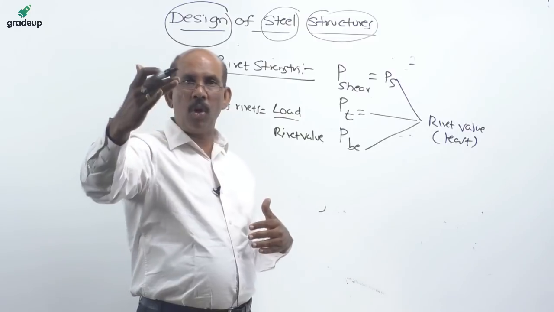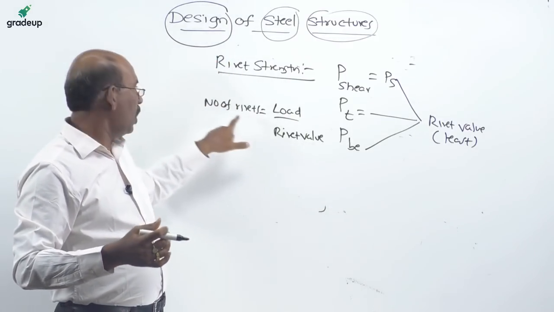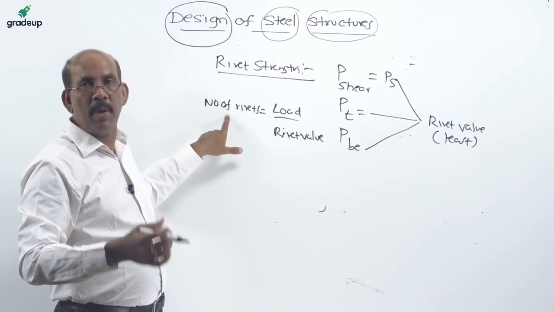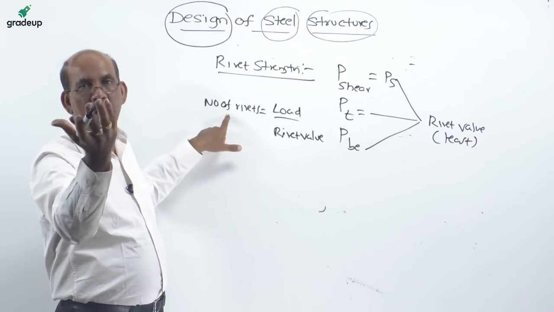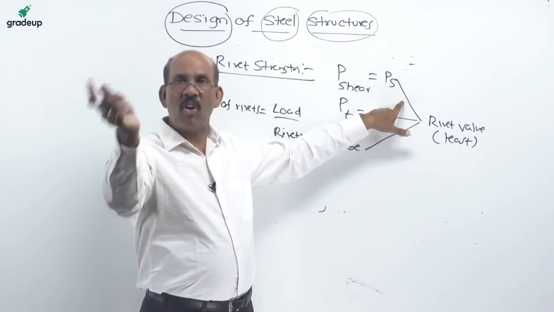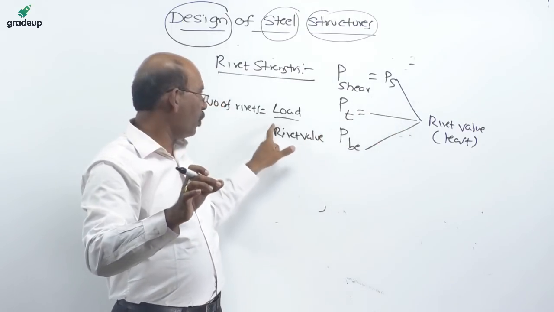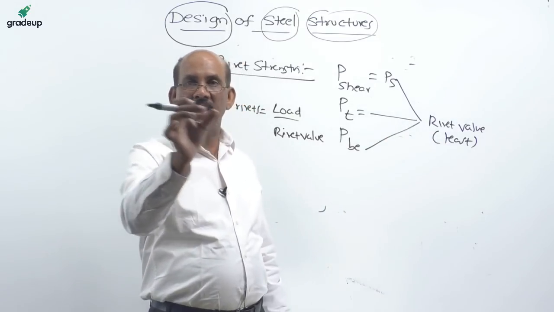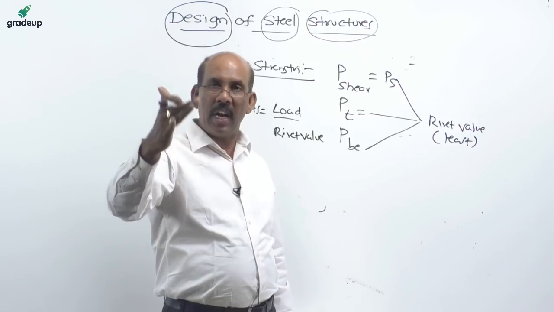If I choose the higher value, I get fewer rivets. Maybe in one case it may satisfy, whereas in the other two cases it may not be satisfied. If we choose the lower value, it satisfies all the requirements of shear, bearing and tearing. Therefore, we choose the rivet value as the least of all PS, PT and bearing: shear and tearing.